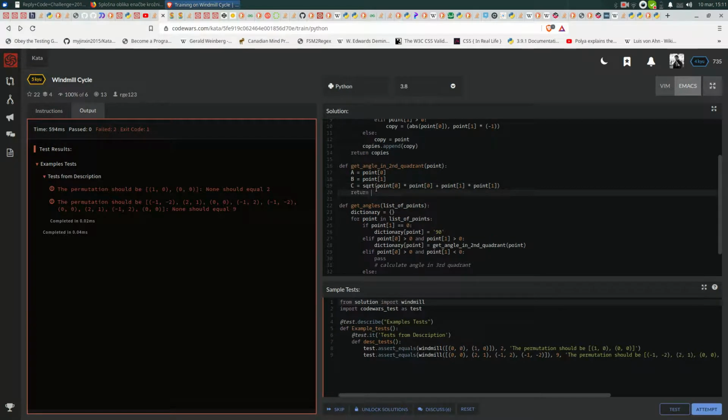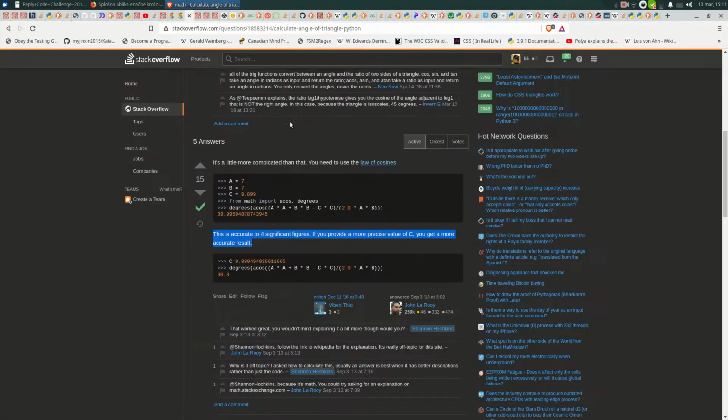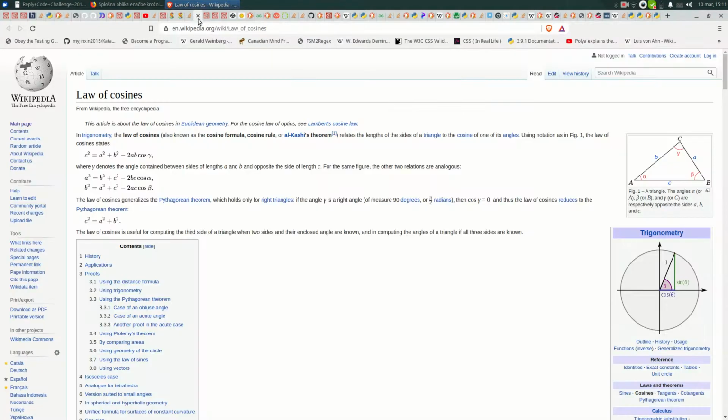And then we return the cosine law. The cosine law is over here. This dude made a nice Wikipedia link to that. Okay, we need another sketch pad.